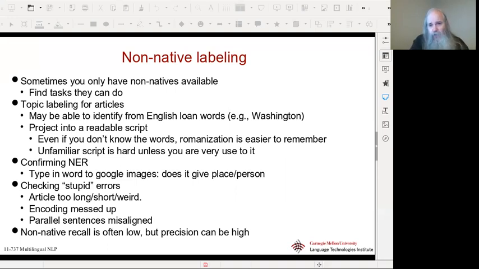Be aware that when you're dealing with languages you don't know, there are often really stupid things in the data that you maybe can't see, but non-natives can spend a little time looking at it, looking at articles that are too long, too short, or just too weird. It's like, yeah, this article seems to have an awful lot of numbers in it, so let's just ignore it. It doesn't have lots of text in it.